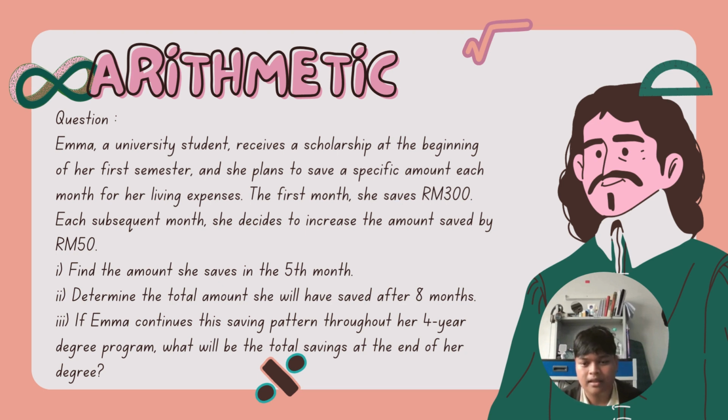We need to find the amount she saved in the fifth month, then determine the total amount she will have saved after 8 months. And lastly, if Emma continues the saving pattern throughout her 4-year degree program, what will be the total saving at the end of her degree?